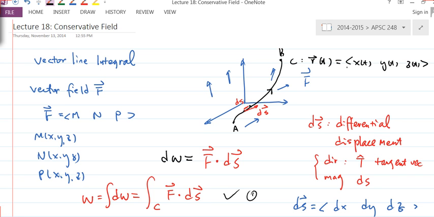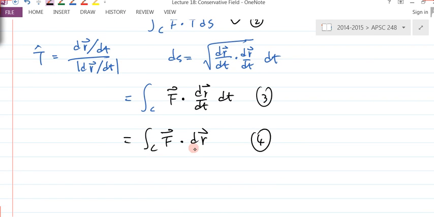So from here, I can actually plug in this M, N, P dot this dr, that differential. This is a differential operator on the r vector.